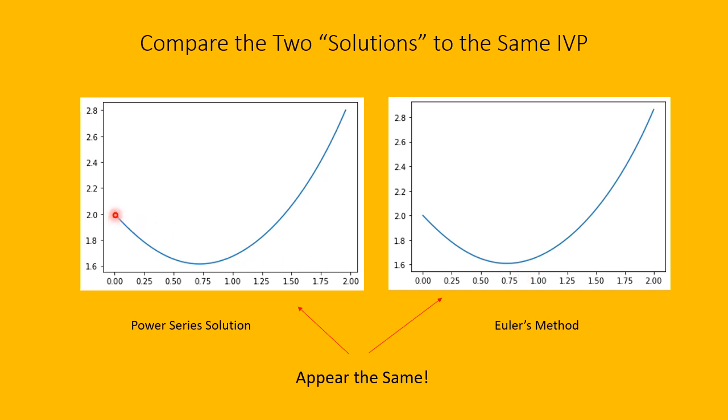They both start at 0, 2, and the graphs end up here. And notice that the vertical axes are the same, and they end up at about just the same height here, I guess. So visually, at least, they appear the same. It might be interesting to take the difference of these two approximate functions and see how close it is to 0 for all terms, but we're not going to do that right now.